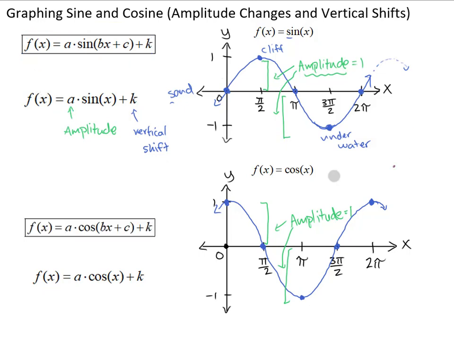And then we have a cosine version as well. So notice this is not directly H, because we're going to also be doing horizontal compressions and stretches in this unit, so H is a little bit different. Okay, but K is our vertical shift, and that's basically just going to move the center of our graph, what we're calling the sand, or the middle of our graph, up or down.